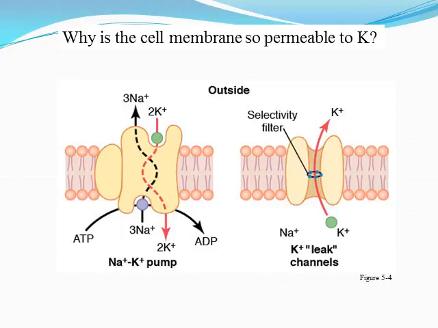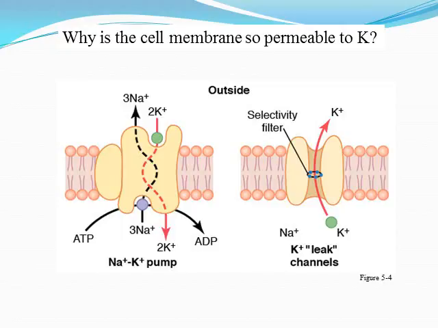Now, the leaking of the potassium is important to the cell. It helps return it to rest, and it also helps with something that we'll talk about later, the relative refractory period, but it also contributes to the permeability to potassium. And then the sodium-potassium pump also contributes to the permeability of potassium, and of course sodium as well, but we're only talking about potassium here.